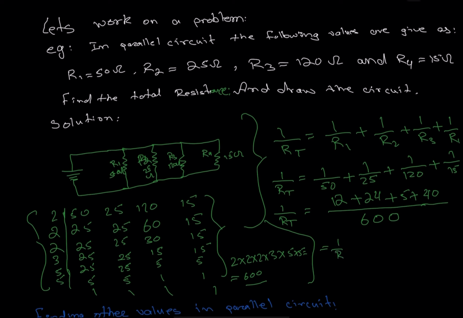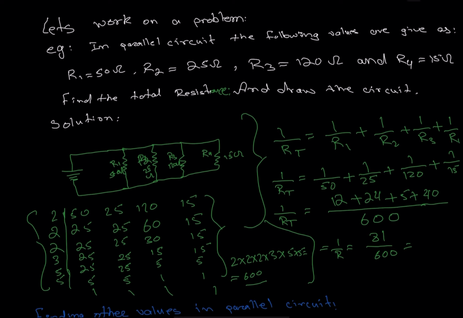1 over RT is equal to 40 plus 5 plus 24 plus 12, which gives me 81 over 600.